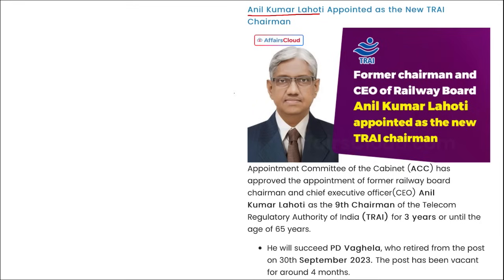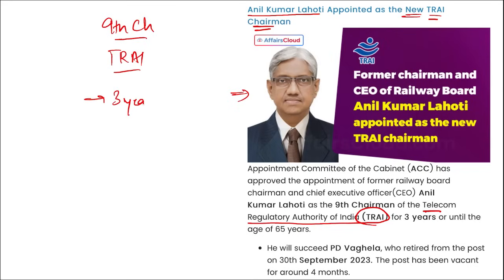Anil Kumar Lahoti, as you can see him in the picture, has been appointed as the new TRAI chairman. TRAI is your Telecom Regulatory Authority of India, and he has been appointed as the 9th chairman of TRAI. He will be in this position for 3 years, and he will be succeeding PD Vaghela, who retired from the post on 30th of September, and the post has been vacant for around 4 months.